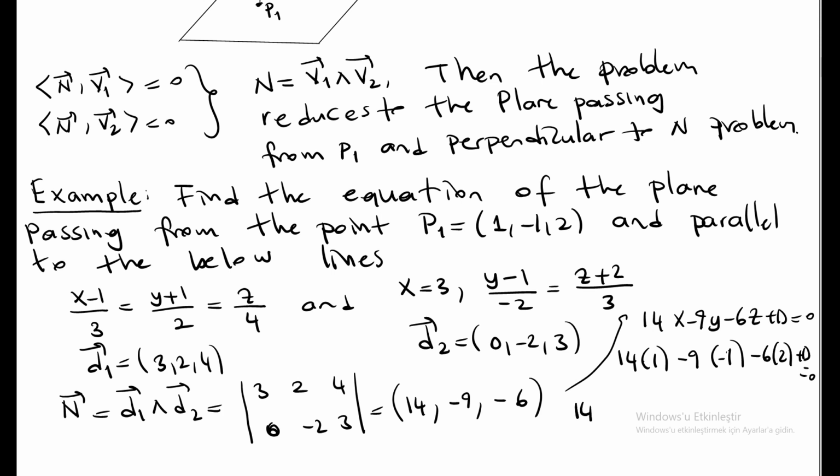So here 14, 9, -12 plus t equals 0. So d becomes -11. So our plane we are looking for will be 14 times x, 9 times y, 6 times z, minus 11 equals 0.